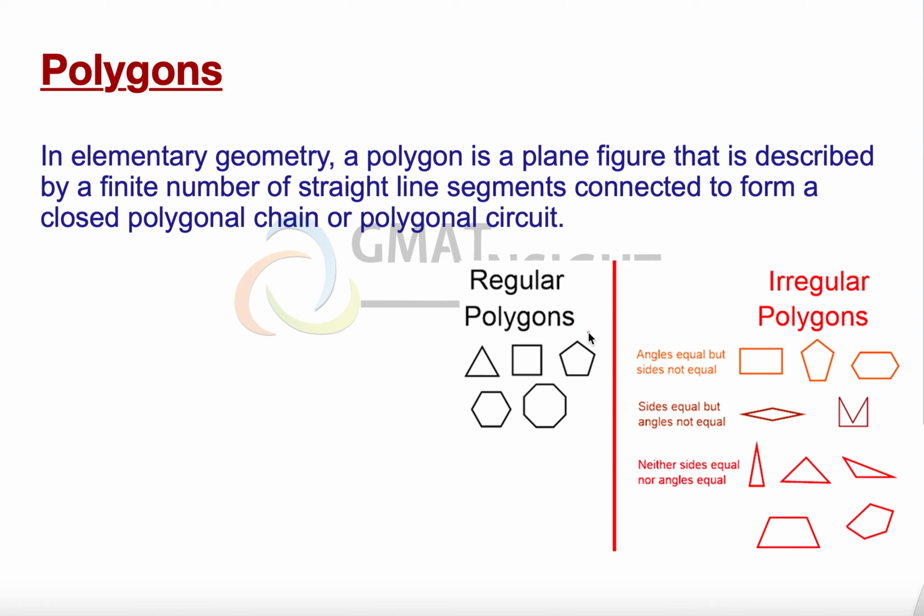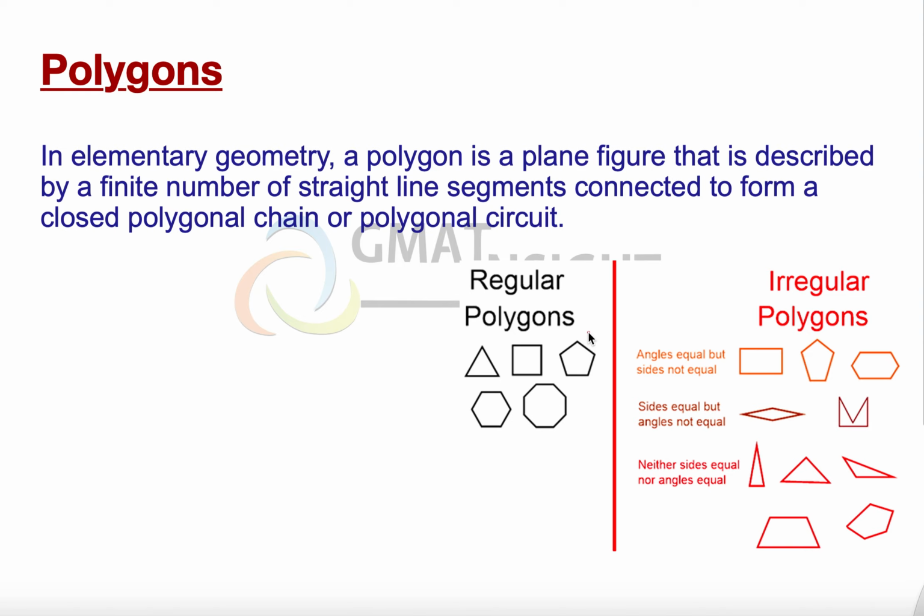A regular polygon, in the simplest language, can be called a symmetric figure, symmetric in all its dimensions, which means if it's a triangle and you see it from all the three sides, it should look exactly the same from all the three sides. If you look at a quadrilateral, it should look exactly the same from all the four sides. That means in case of a triangle, an equilateral triangle is a regular polygon. In case of a quadrilateral, a square is a regular polygon.